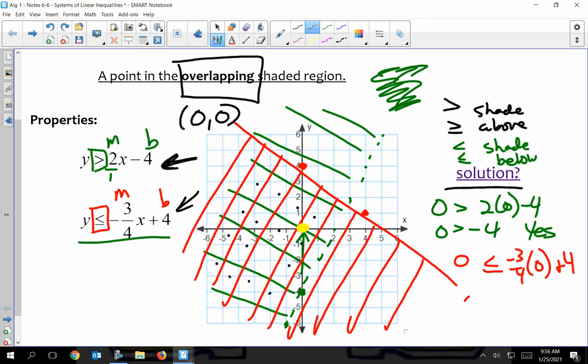Negative 3 over 4 times 0 is 0. 0 plus 4 is 4. Is 0 less than or equal to 4? Yes. So the point that we found together actually works.